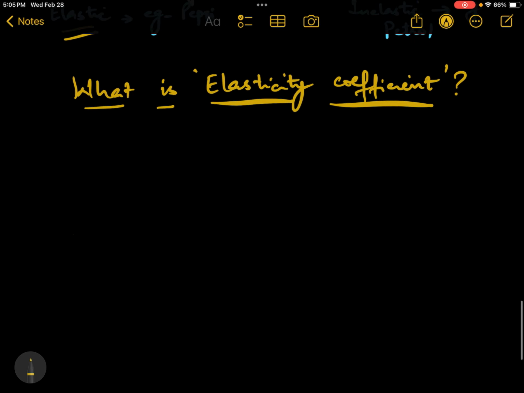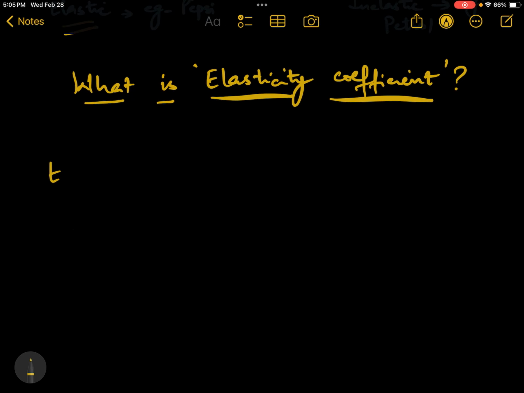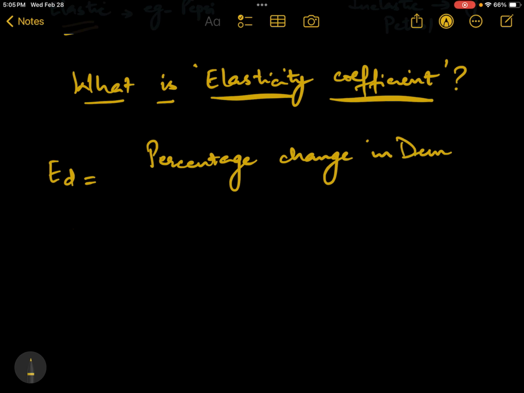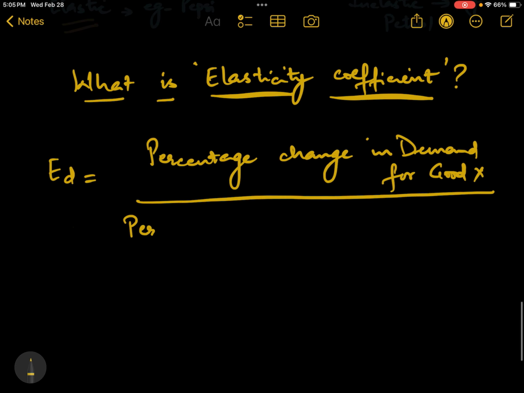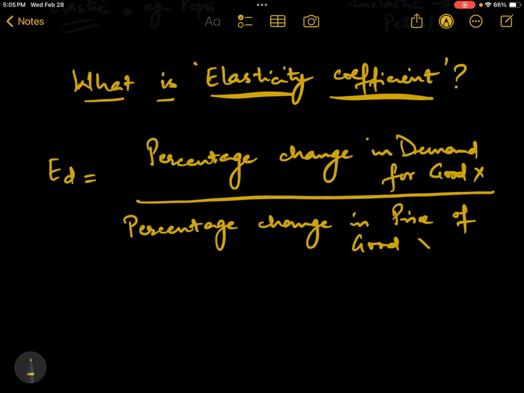There is a formula. You can calculate elasticity of demand as the percentage change in demand for, let's say, good X, divided by the percentage change in price of good X, the same good we are talking about.